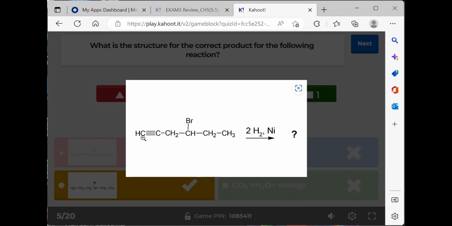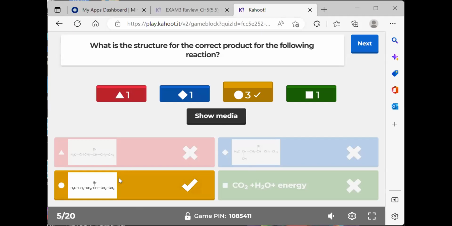So that triple bond actually turns into a single bond, and each of those carbons have now 2 additional hydrogens. So the first group, the CH, turns into a CH3, the next carbon turns into a CH2. That's why the answer is the yellow one.